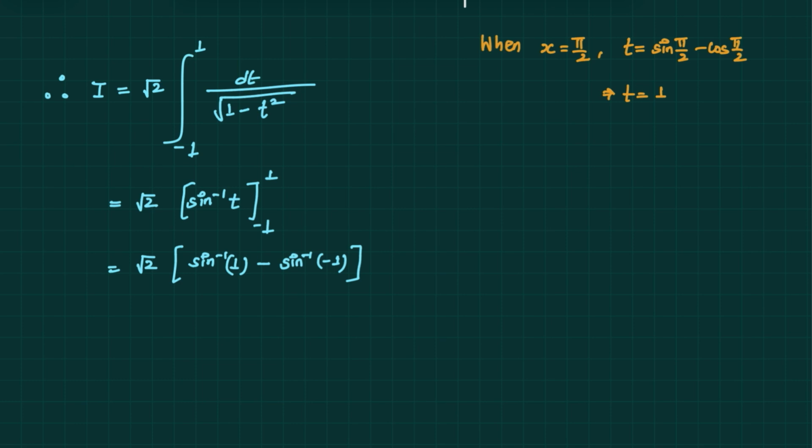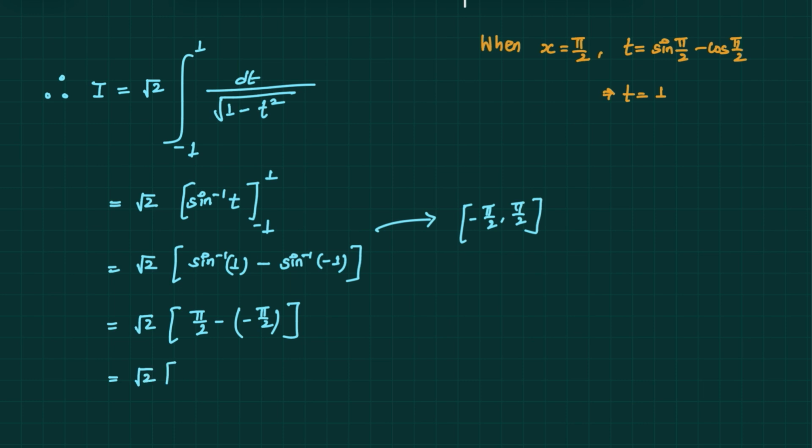Now for this we should know the principal value range of sine inverse function, that is from minus pi by 2 to pi by 2. So square root of 2 into sine inverse of 1 is pi by 2 minus, and sine inverse of minus 1 is minus pi by 2, equals square root of 2 times pi by 2 plus pi by 2.